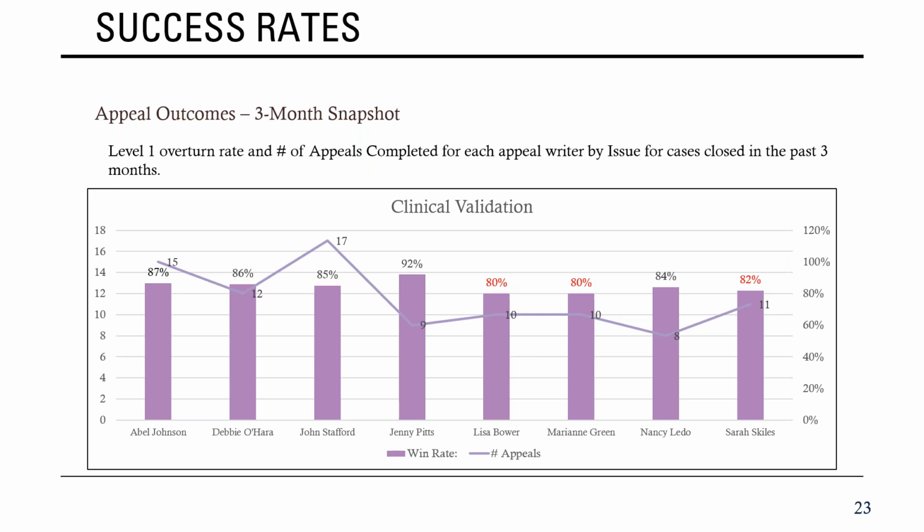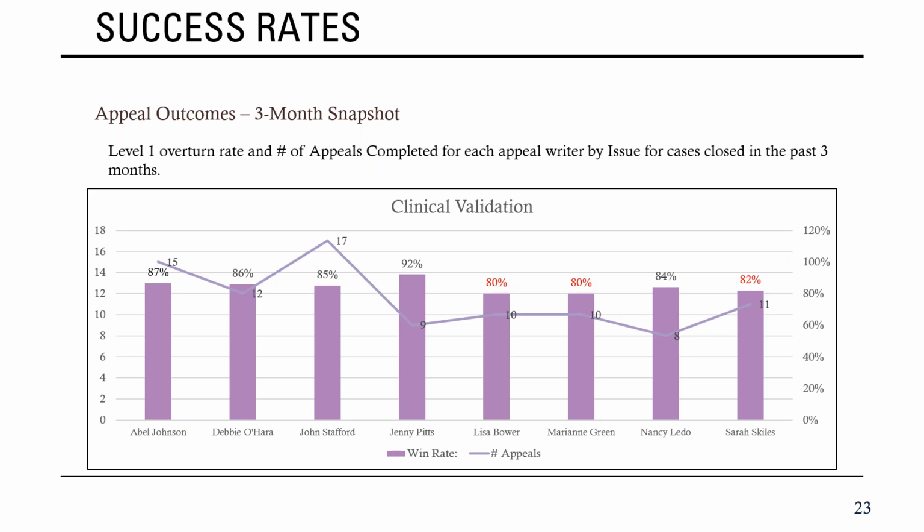And so much of this, as I think most of us understand, your appeal overturn rate can be based on payers and payer behaviors. So we might say, well, Lisa Bauer is less successful than, let's say, Jenny Pitts, who's getting a 92% overturn rate.